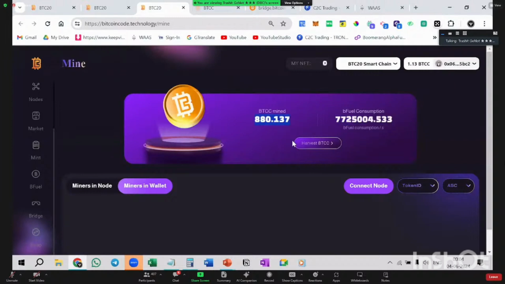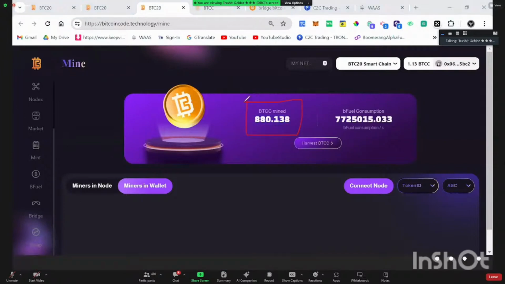Do you remember, the supply is fixed, but whoever is going to claim how much depends on their hash power. So in the mining section, when you see this BTCC mined, that means you have already claimed this BTCC from the daily supply, right?